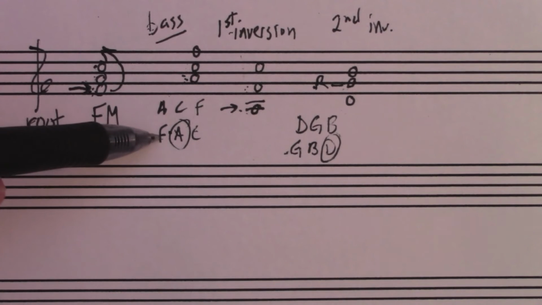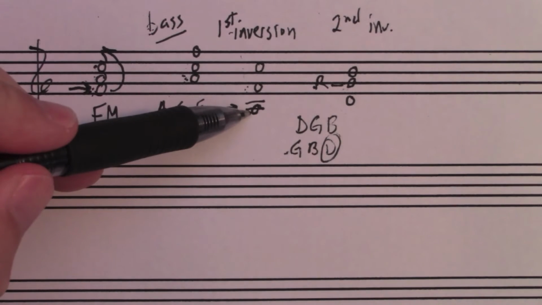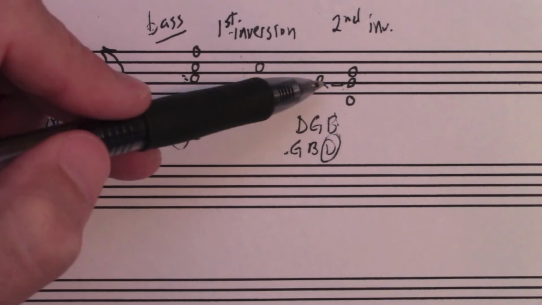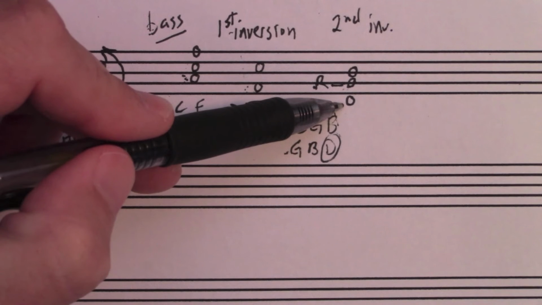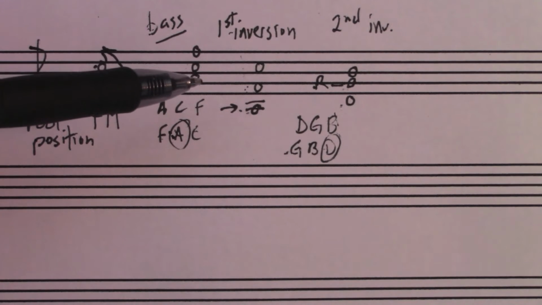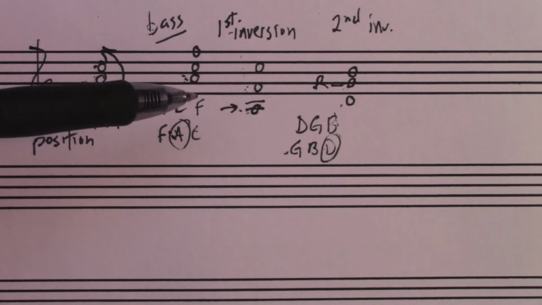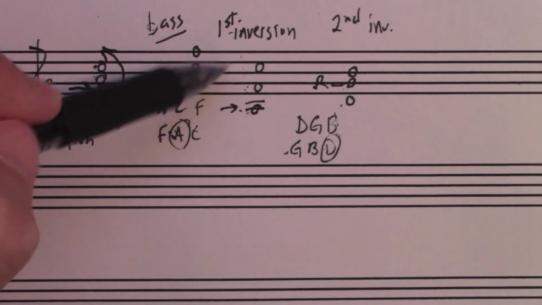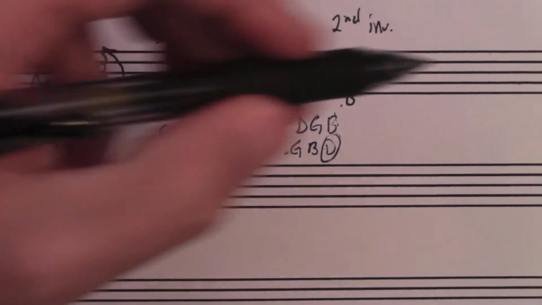In first inversion, the bass note is the third of the triad. And in second inversion, the bass, which is the lowest note, is the fifth of the triad. Okay? First inversion, second inversion. Third in the bass, fifth in the bass.